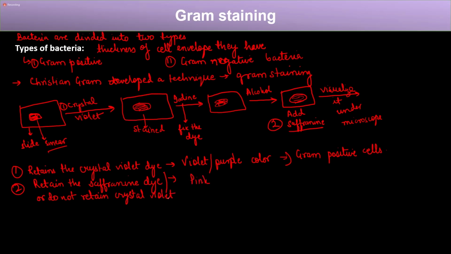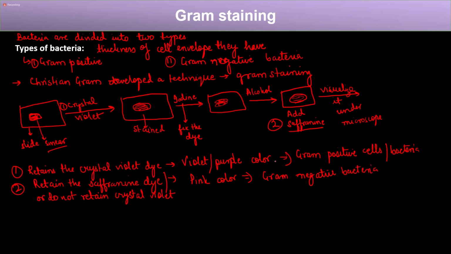So they have not retained the crystal violet but retained the safranin, so they appeared pink. And these bacteria are called gram-negative bacteria. So the first one is gram-positive bacteria, and the second is gram-negative bacteria. Okay.